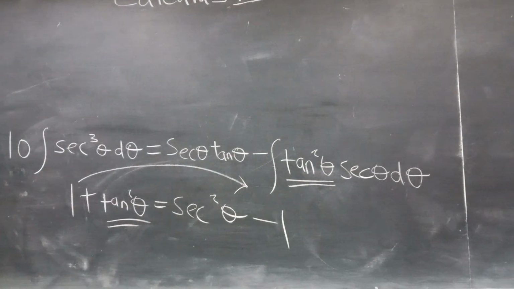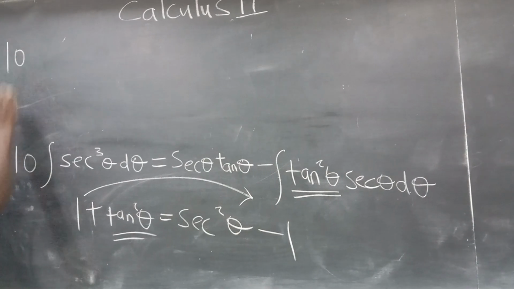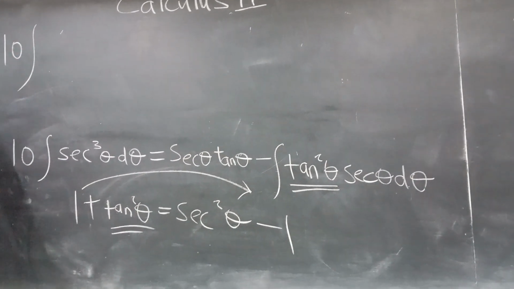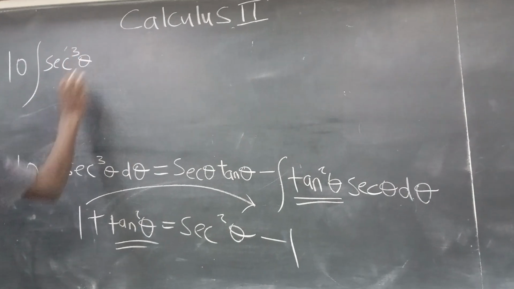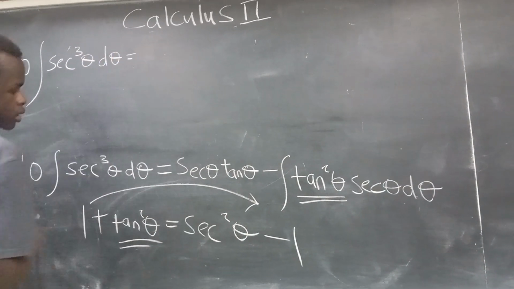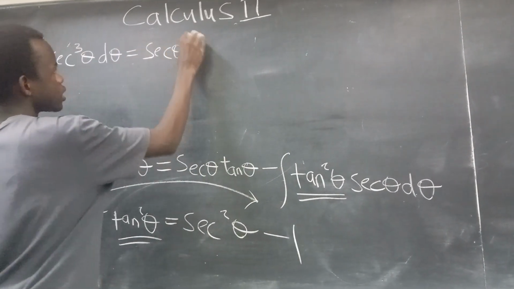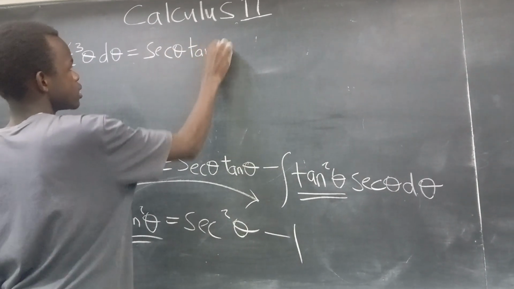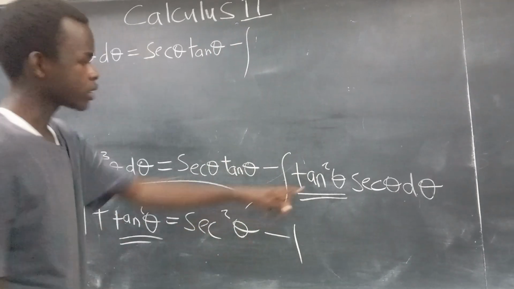So I'll get 10, okay? The integral of secant cubed of theta d theta to be secant theta tangent theta minus the integral of, what's our tan squared?